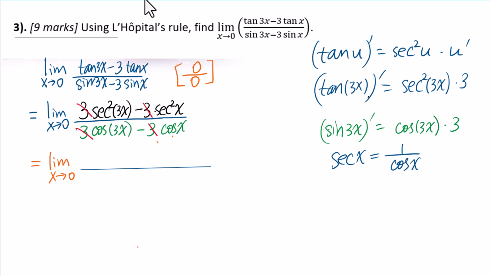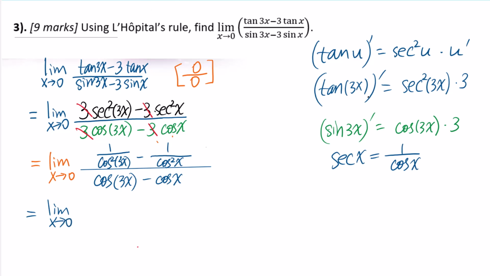So secant squared 3x is 1 over cosine squared 3x minus 1 over cosine squared x, all over cosine 3x minus cosine x, equals limit as x approaches 0.